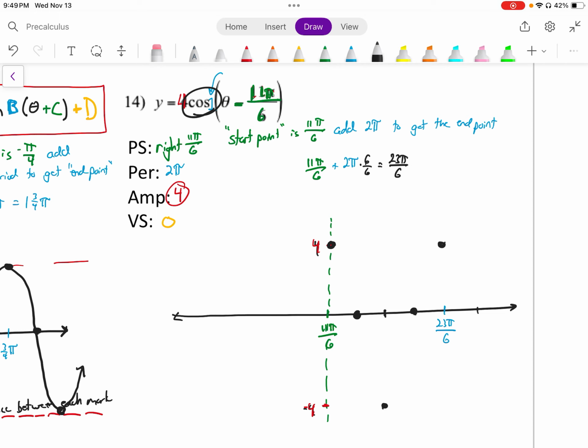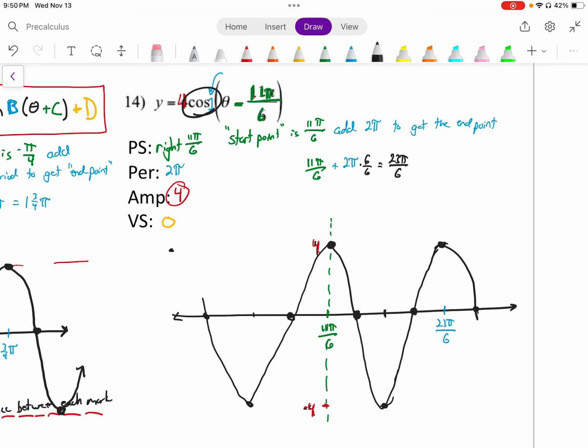And we can continue that and graph this function. We don't have a lot of our points labeled. So there's the graph, but you do need to find those.